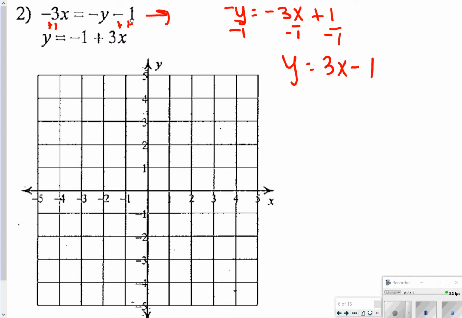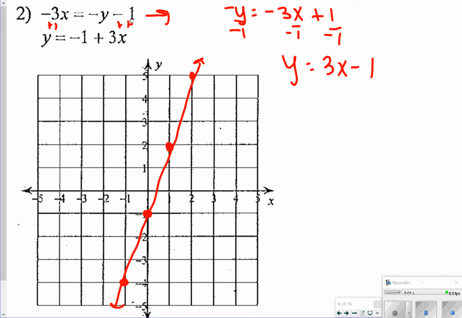So I'm going to go ahead and graph this one in red. So -1 first on my y-axis, and then my rise 3 run 1. I keep going up here, and then do a few down here at the bottom. Okay, so here's my line.